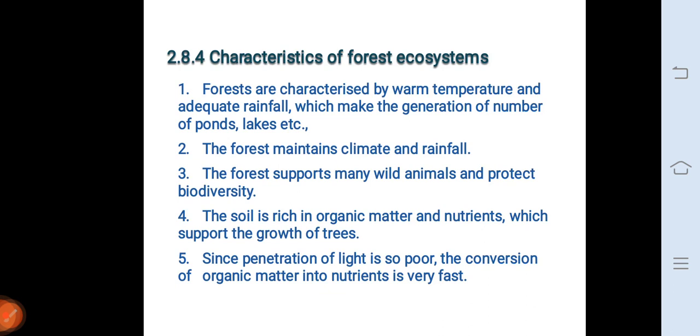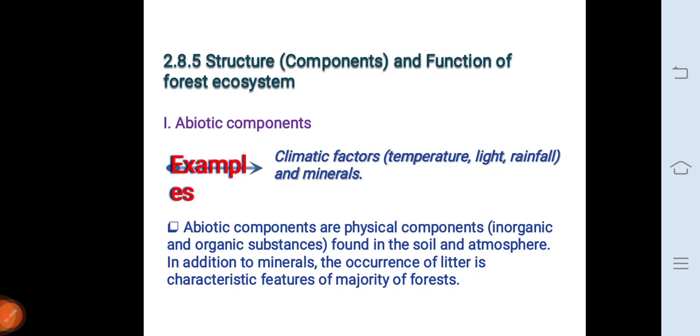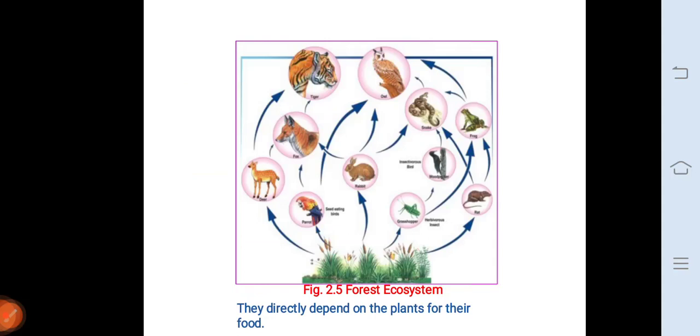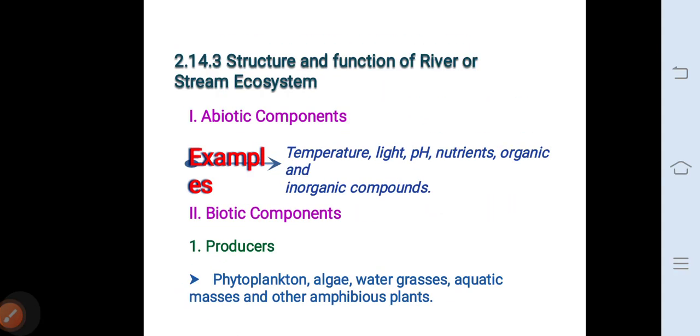A river deposits a large amount of nutrients. Here we also have to discuss structure and functions. Here also we have abiotic components and biotic components. Abiotic components are temperature, light, pH, nutrients, inorganic and organic components. Biotic components are producers, consumers, and decomposers.